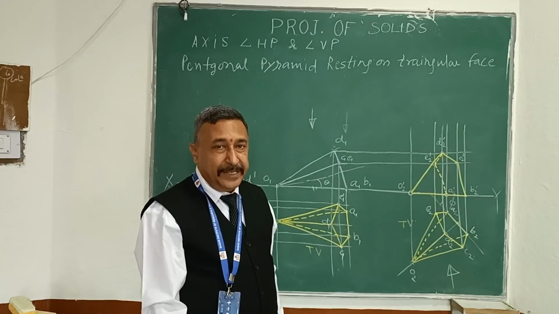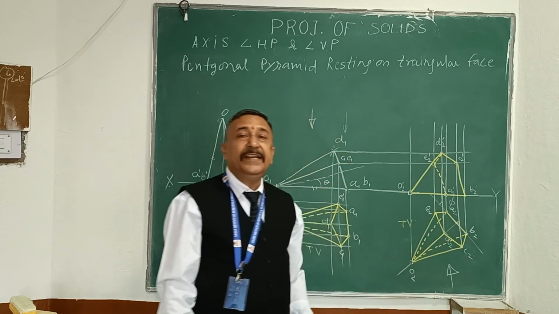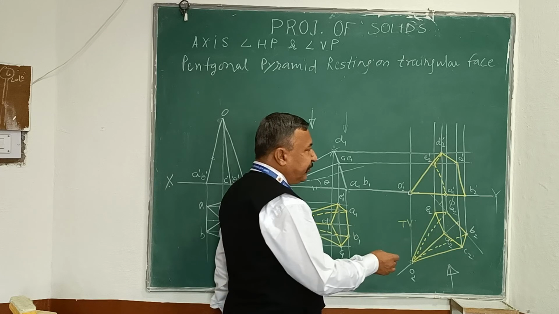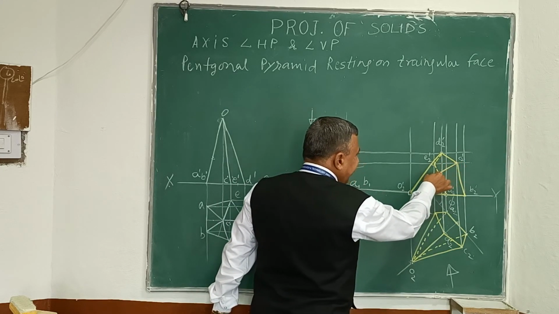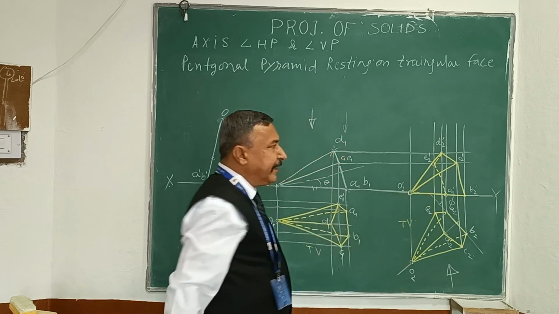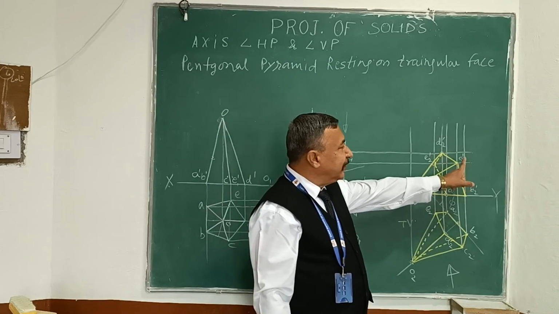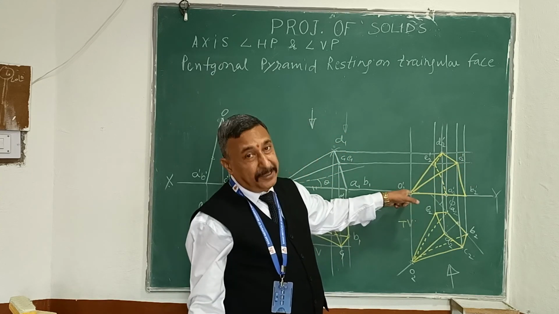Complete the base. Now join all these points A, B, C, D, E to O. The process is the same. This line is a complete line. Why? Because these two edges are visible, so this point is visible, so the edge through this point is visible.